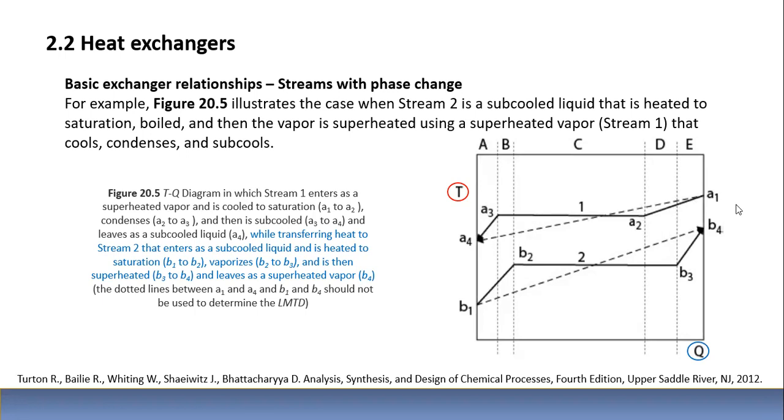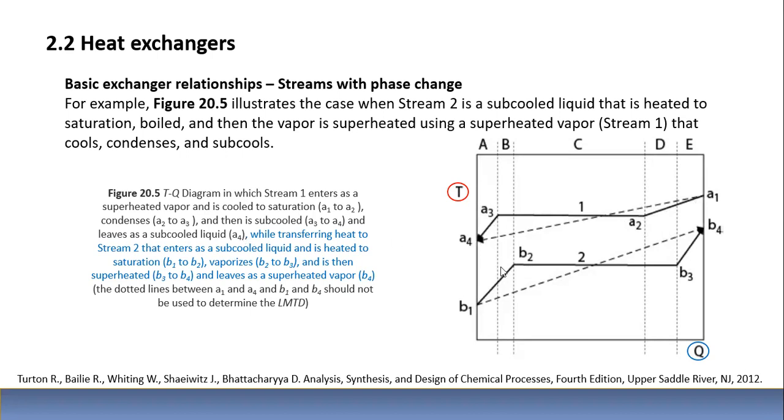We see there is a decrease in temperature from superheated steam to saturated steam. Condenses, we see a reduction in Q, position 2 to position 3. And then it is subcooled, position 3 to position 4.